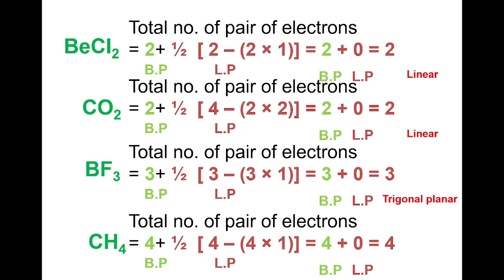So using this formula we get a total bond pair of 4 and total lone pair of 0. So with 4 bond pairs and 0 lone pairs, the shape of methane will be tetrahedral. So by using the formula and remembering the table, we can predict the shape of all the molecules.